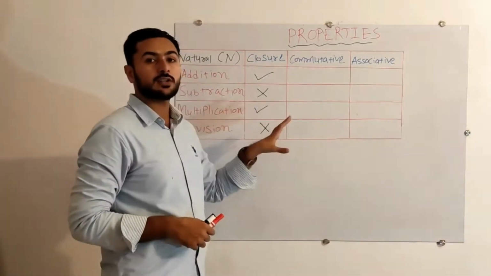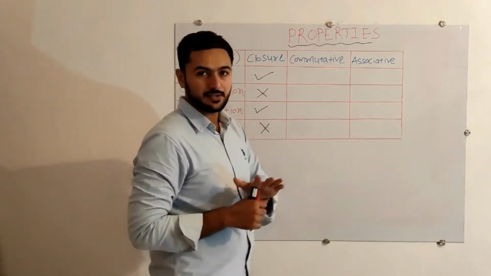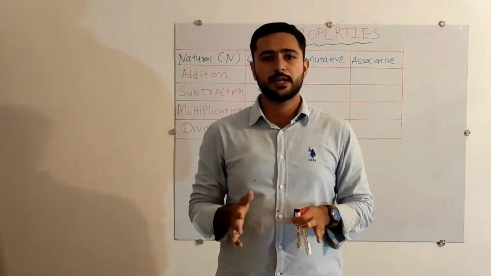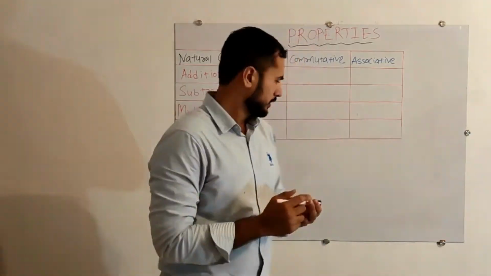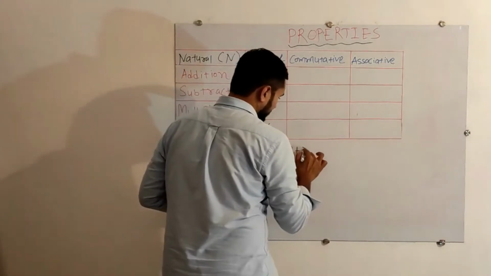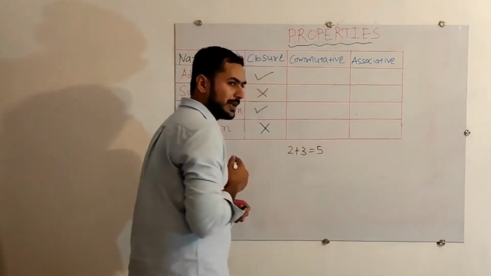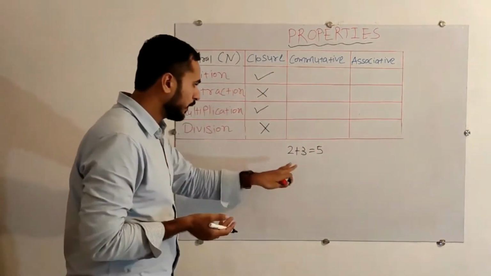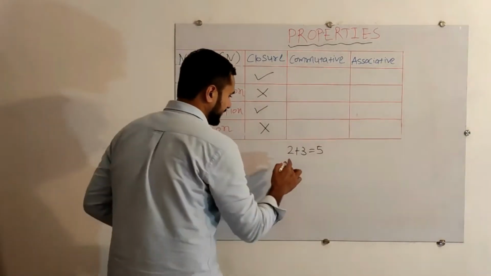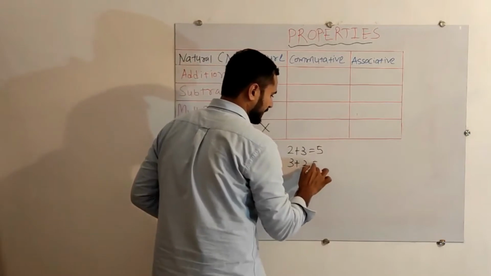Clear? Now for the commutative. What is commutative? Let's understand first. Suppose I am taking any two numbers from the natural number set, that is 2 and 3. So 2 plus 3 I am doing for addition. 2 plus 3 is 5. Now what I have to do? I have to shuffle these numbers, like 3 plus 2.